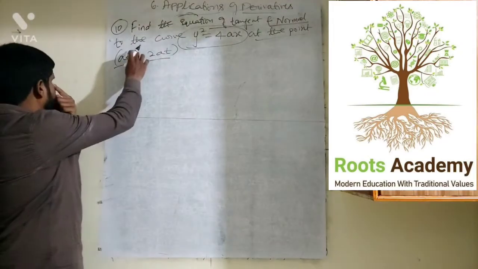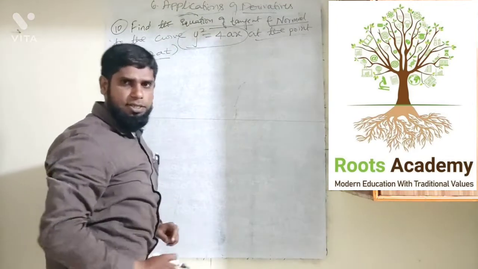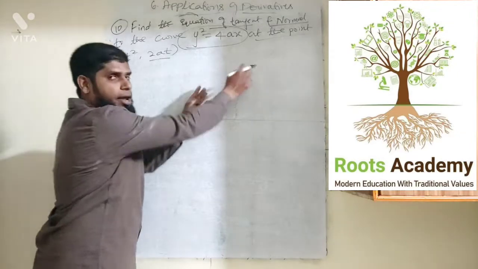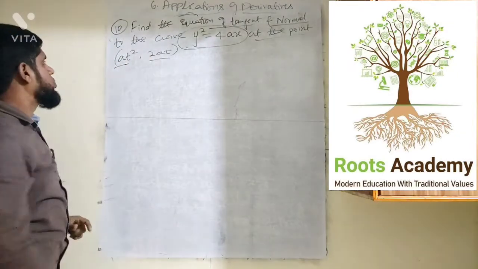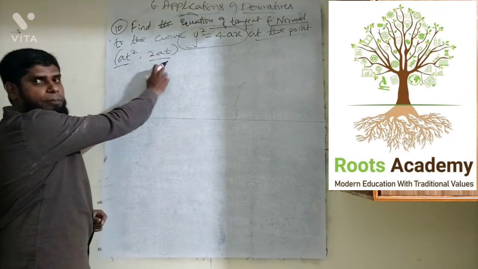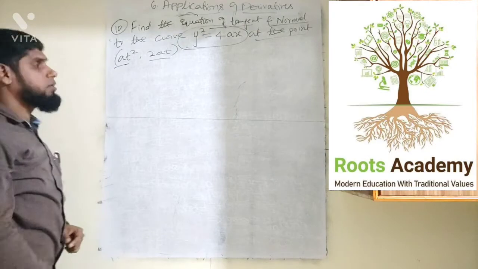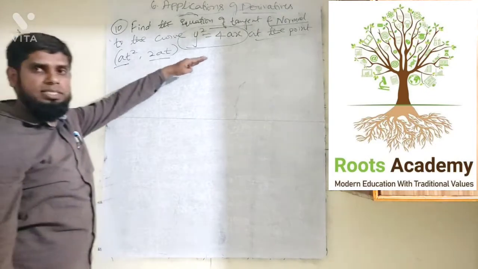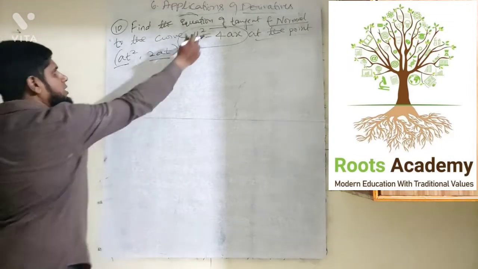Because at this particular point, the parabola curve satisfies LHS is equals to RHS. So these 2 points are the parametric form of this curve. But the procedure remains same as we did in the last problem. Let us start solving this problem.